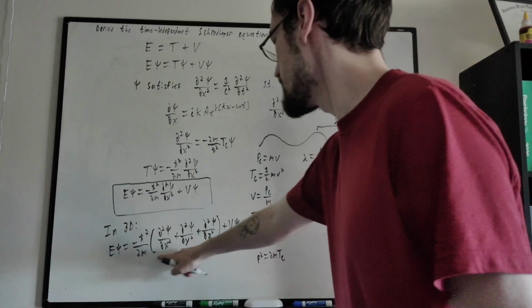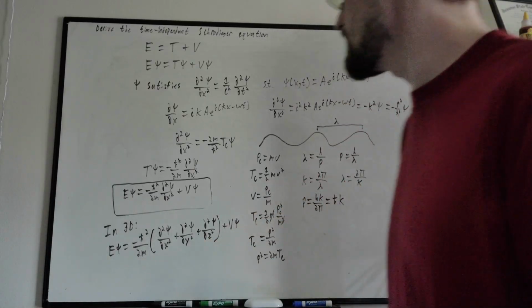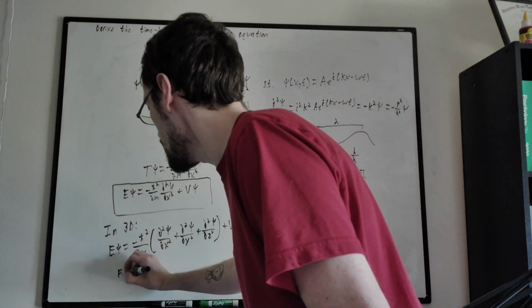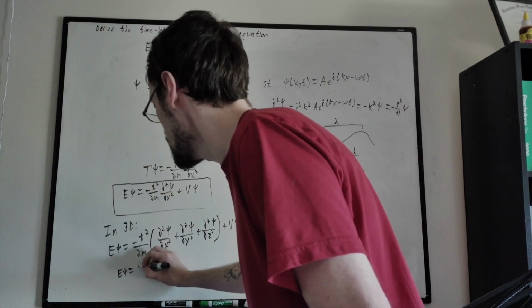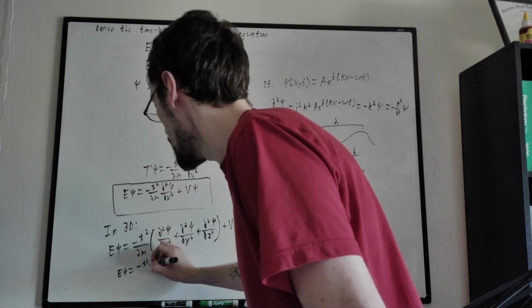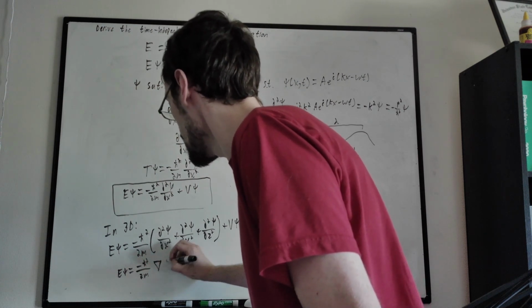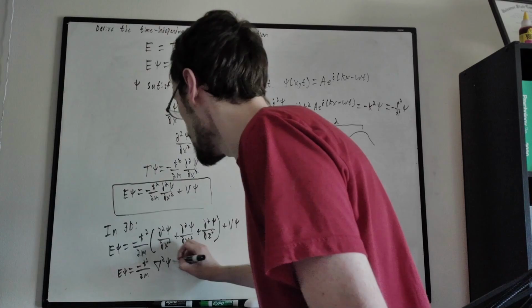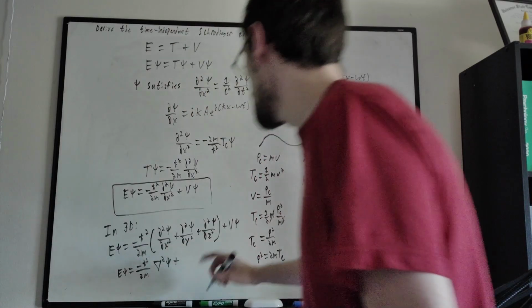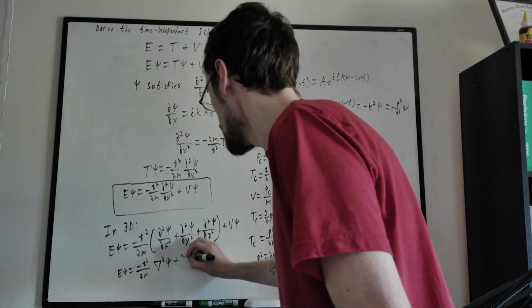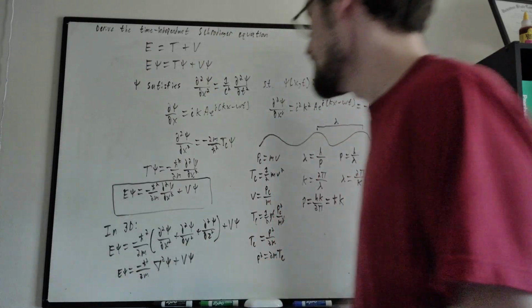And this here is just the Laplacian acting on psi. So E of psi, the energy of psi, is negative h bar squared over 2m times the Laplacian of psi plus the potential of psi.